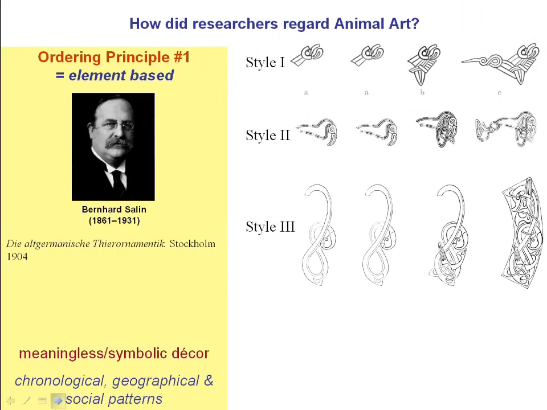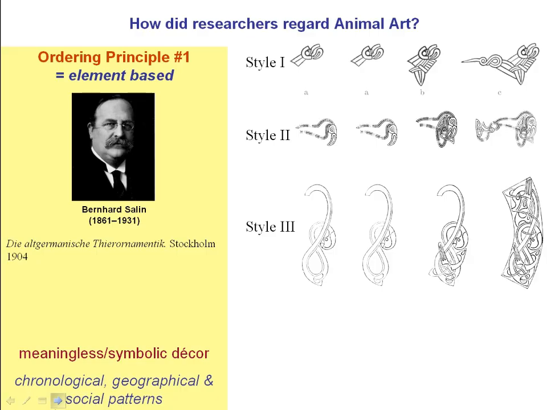Style 1 consists of these very compact beasts that have been subdivided in different parts and tend to be clustered into dense patterns.